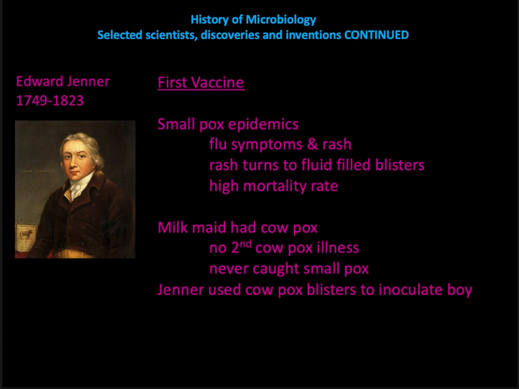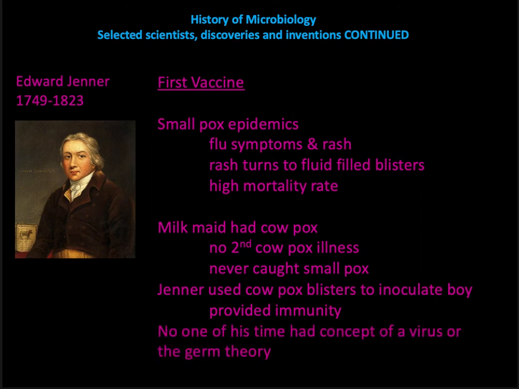So he took a boy, I believe, of one of the milkmaids, and exposed the boy to cowpox blisters. He became mildly ill from the cowpox, and then he exposed him to cowpox again, and nothing. He was immune. And he also was immune from actual smallpox.